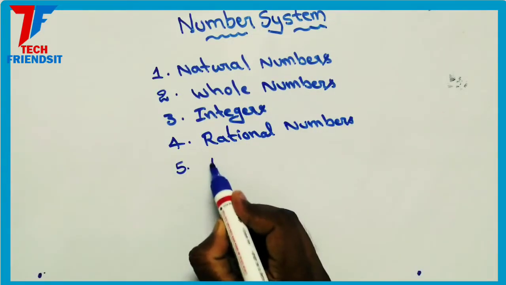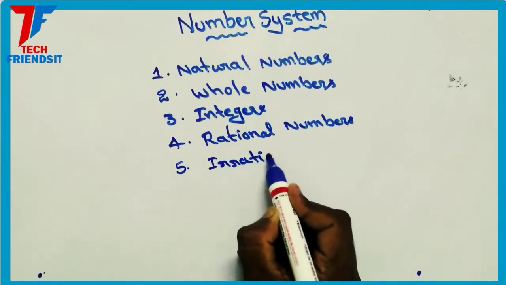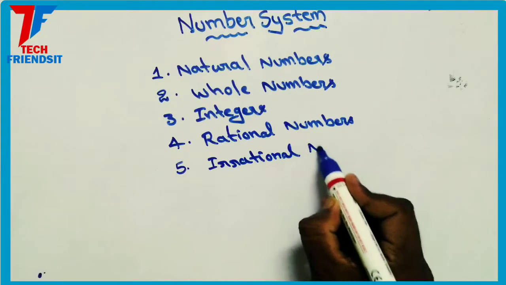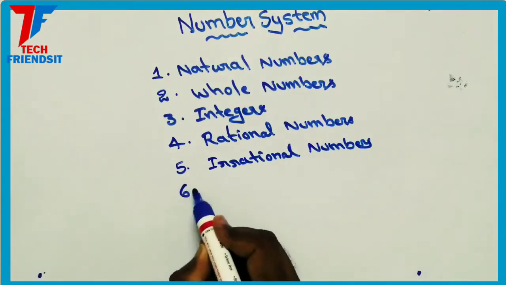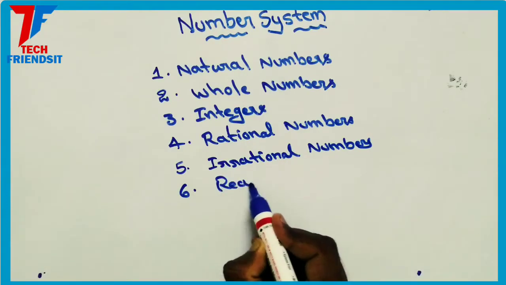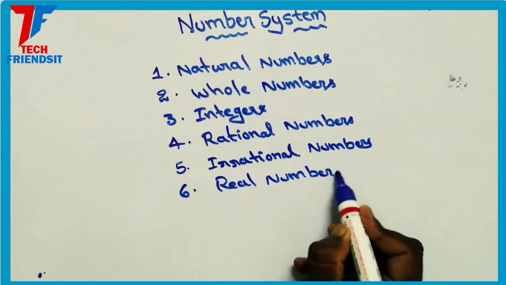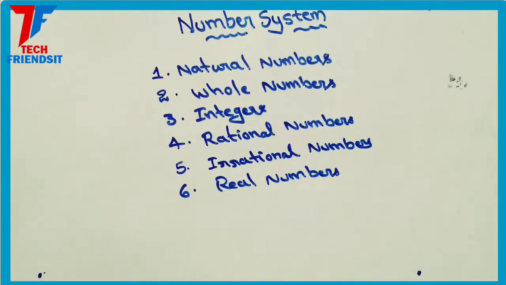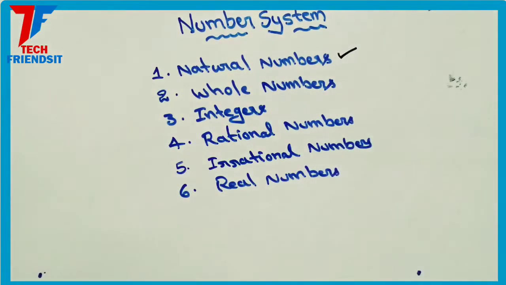Five, irrational numbers. Six, real numbers. We will go one by one and learn about each type. So first we will learn about natural numbers.